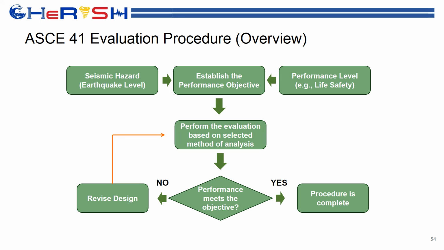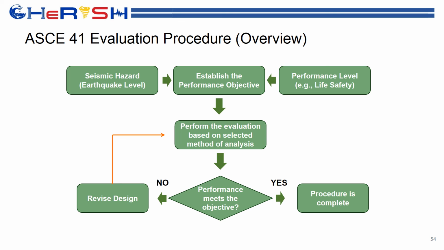After doing the benchmarking, you may want to proceed to a more detailed assessment, and that is to use, commonly, for example, ASCE 41 to do a detailed assessment, and that would cover what we call Tier 2 and Tier 3 analysis. In doing those Tier 2 and Tier 3 analyses, you will do the process as shown here.